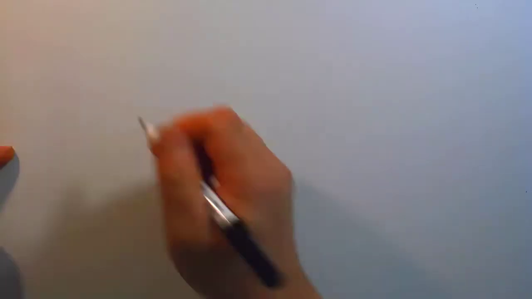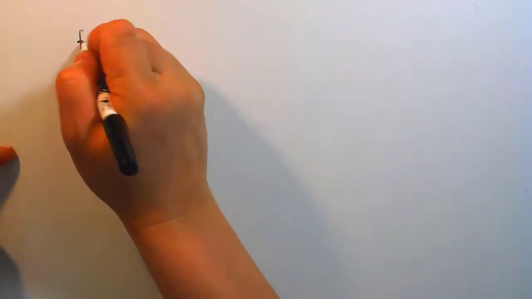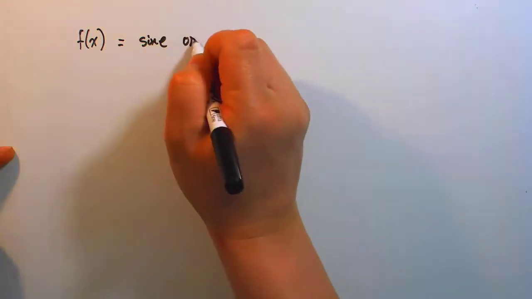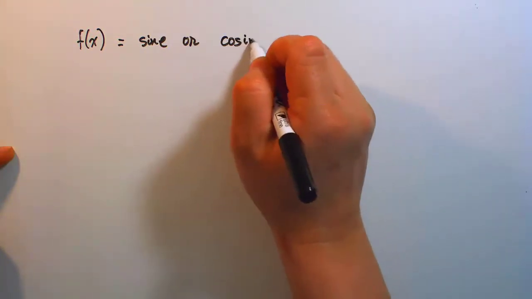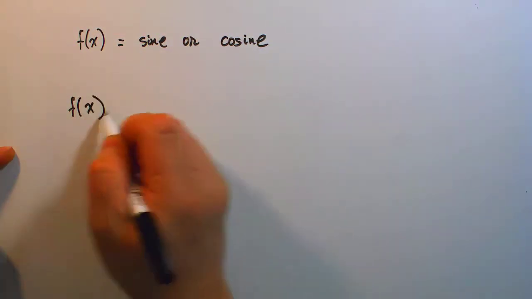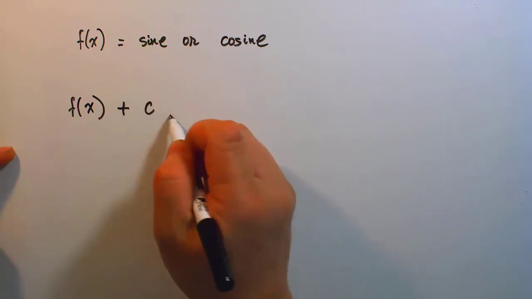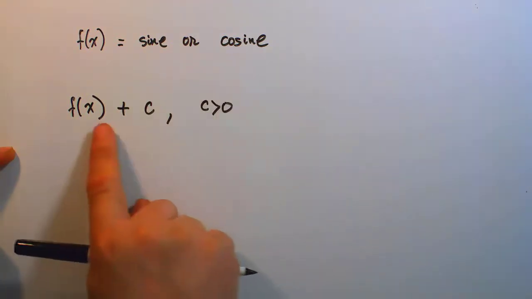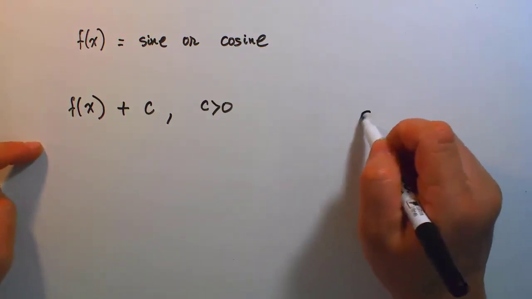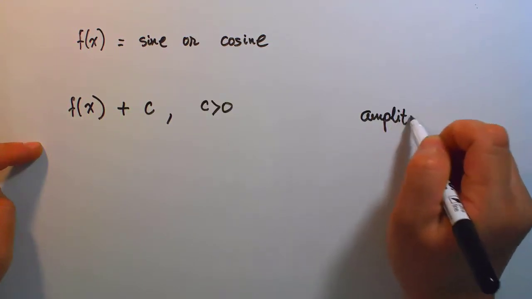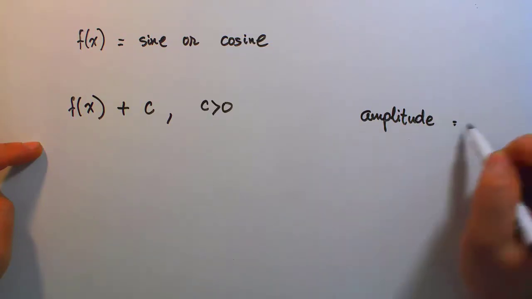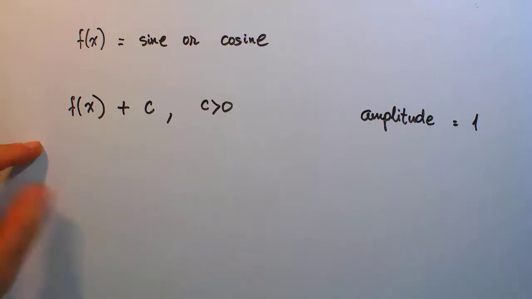And so generally, let f of x be either a sine or cosine function. Then if we're adding a positive constant to either your sine or cosine function, the amplitude won't change and remains the same, being 1 compared to the original standard amplitude.